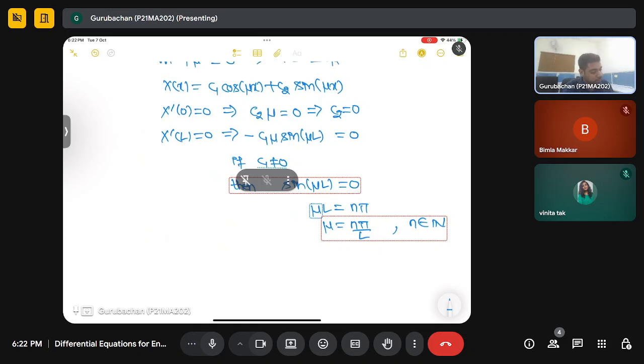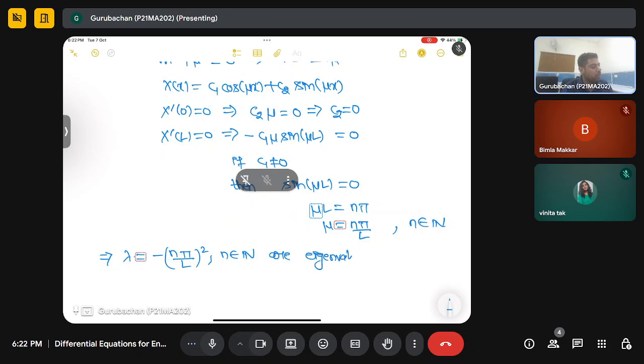So that means this will imply lambda less than 0, or you can say, what is exactly lambda? This is minus (nπ/L) square, where n is any natural number, are the eigenvalues of the SL system. Since it's depending on n, we can subscript here n.